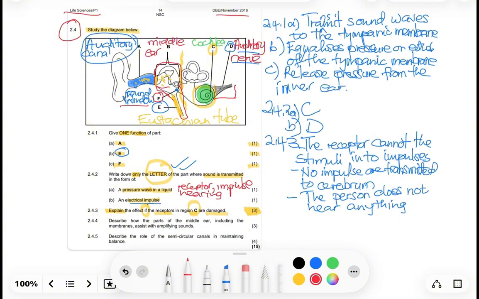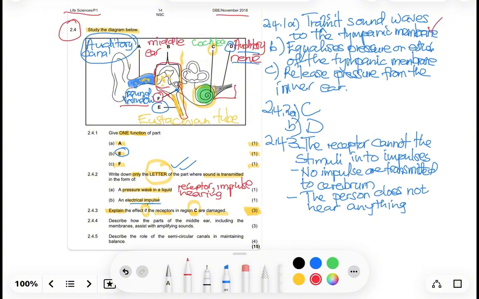The examiner was looking for just one function, so it is 1 mark, and the 1 mark is on tympanic membrane.